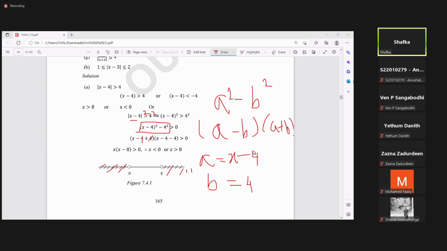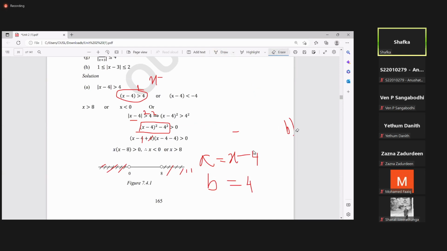Someone asked how we get x is greater than 8. I hope she's asking about this part. Let me erase first. x minus 4 is greater than 4.